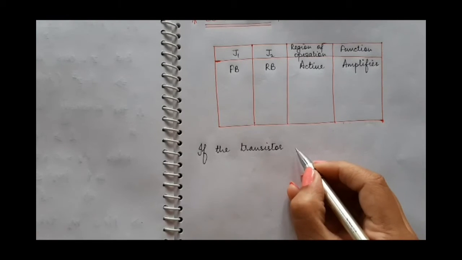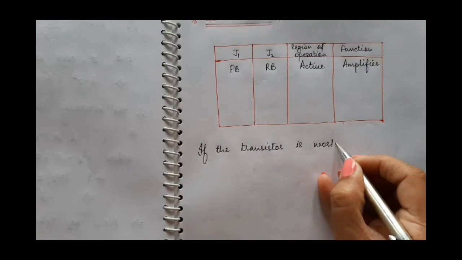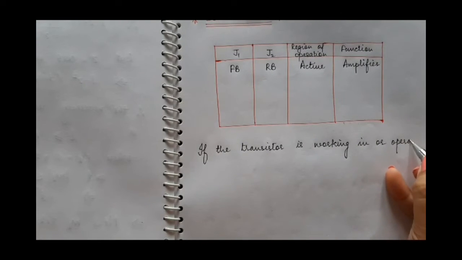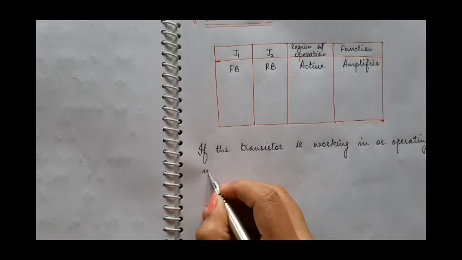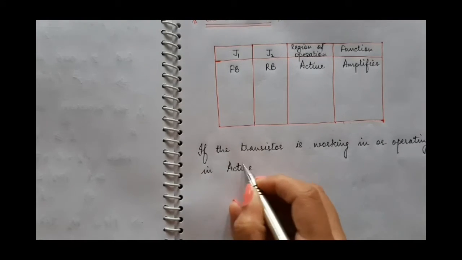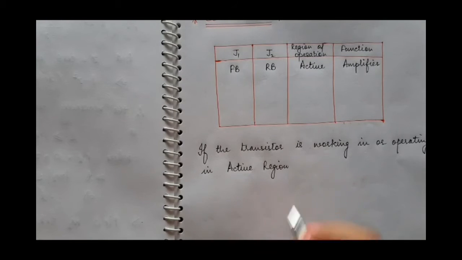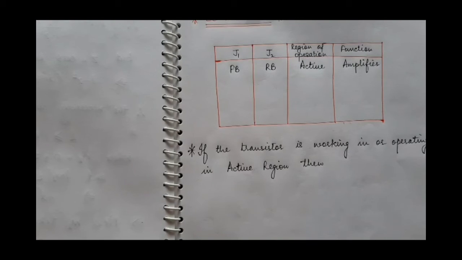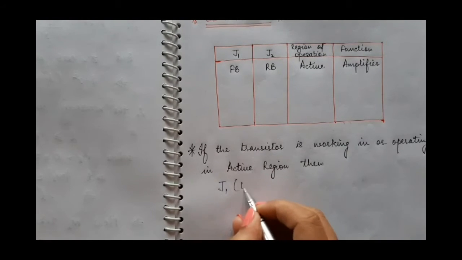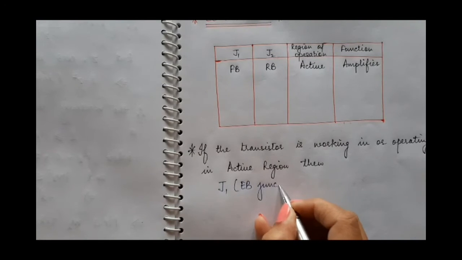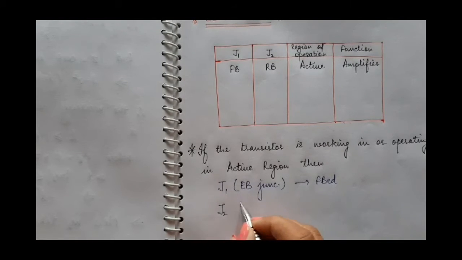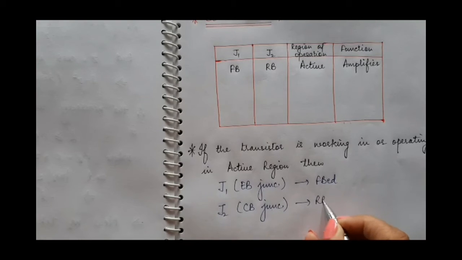So if the transistor is operating in the active region, then we know that J1, the emitter base junction, is forward biased, and J2, the collector base junction, is reverse biased.